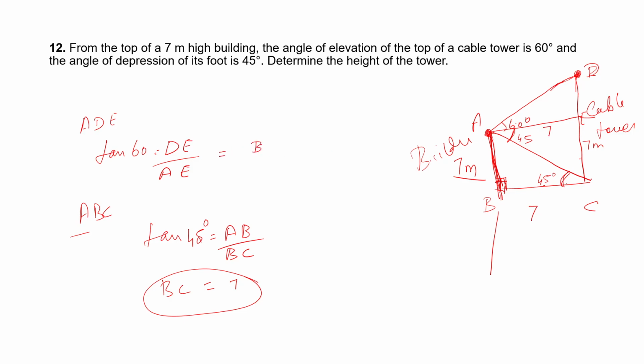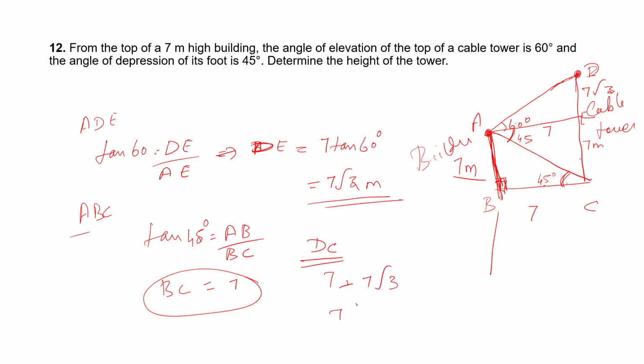So DE is equal to 7 into tan 60, which is equal to 7 into root 3. That's it. So DE is 7 root 3. What is the question? Height of the tower. Total we have to find, so we have to find DC. That is the tower height: 7 plus 7 root 3, so 7 into 1 plus root 3 meter.